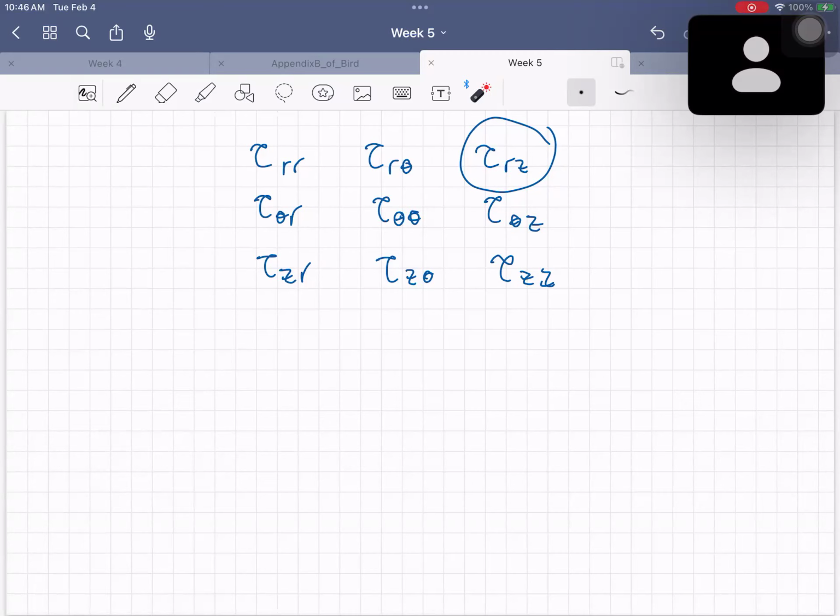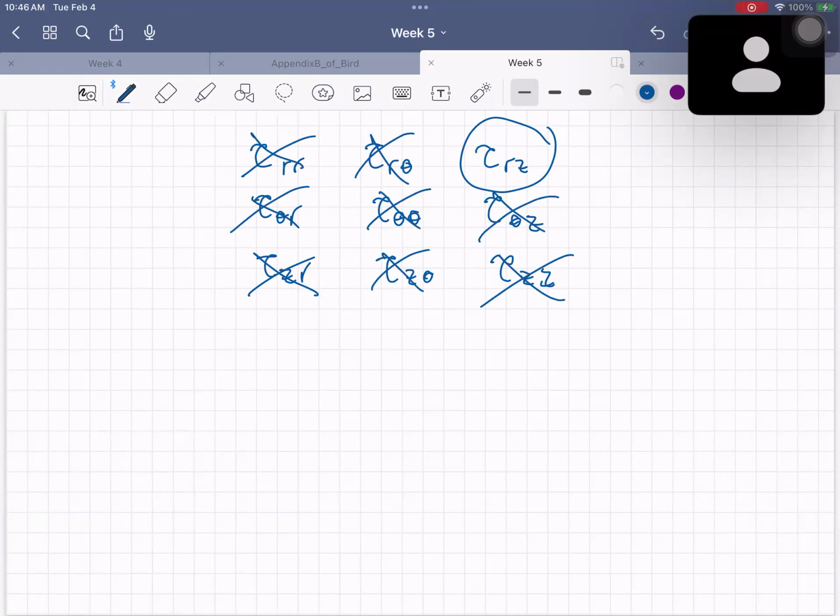No, because the fluid flows vertically. It doesn't flow radially. So we don't have this term, and if you go through the rest of the components, they will be equal to 0. So in this case, we get only one component, tau RZ, which is the momentum flux.